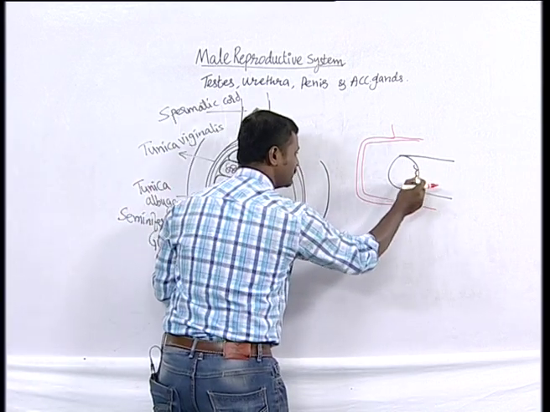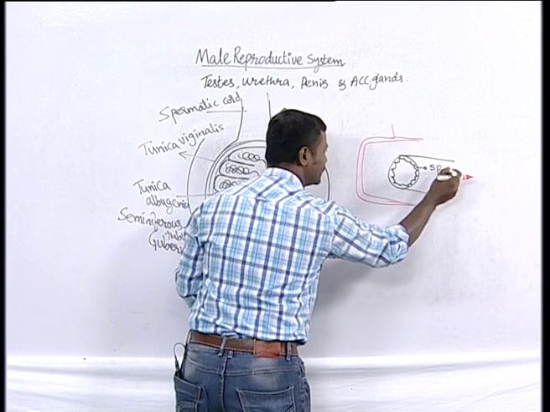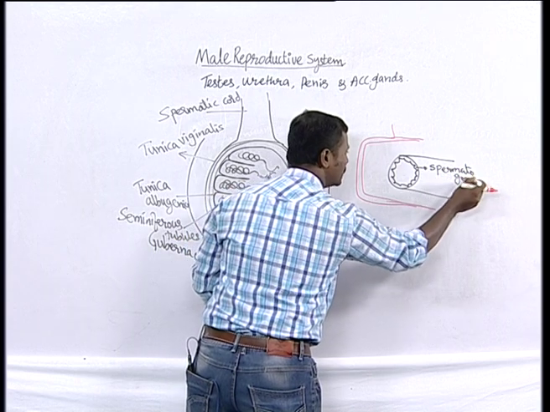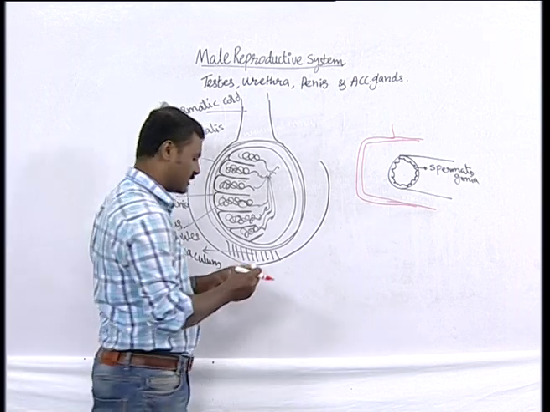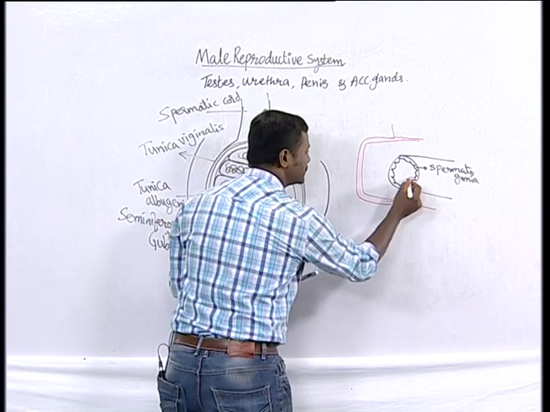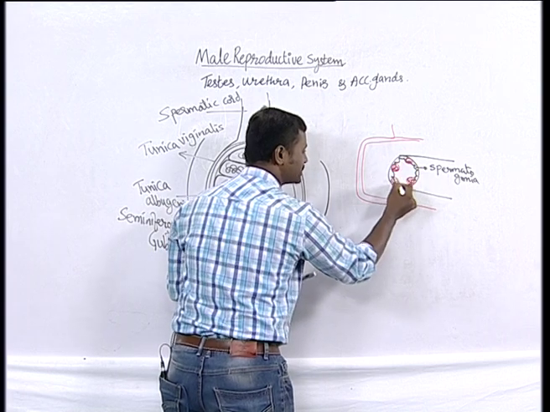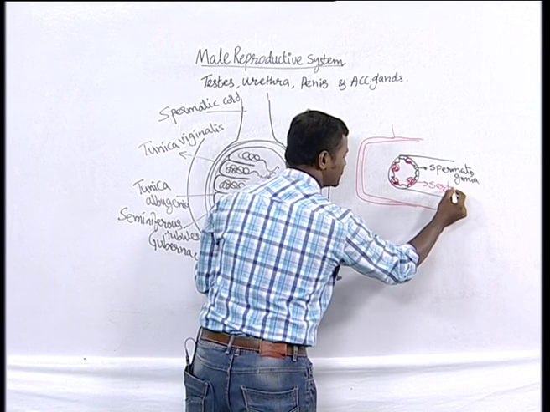In the seminiferous tubule, sperm mother cells are there, called spermatogonia. Not only that, we can see here and there Sertoli cells also present. They give nourishment to the sperms.